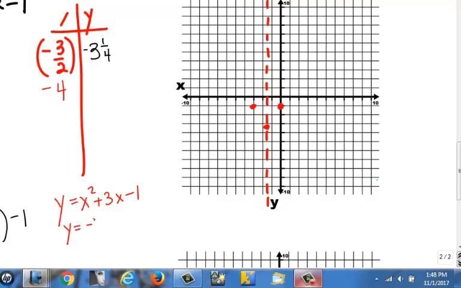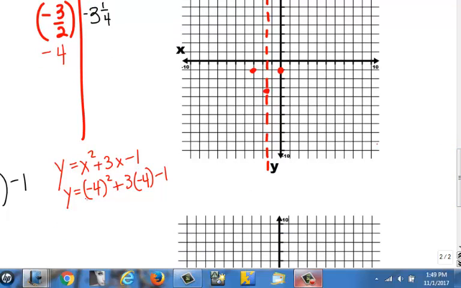So let's put negative 4 in. Negative 4 squared, 16 minus 12, minus 1. So 16 minus 12, 4 minus 1, 3. So negative 4, go over 1, 2, 3, 4, and up 3.